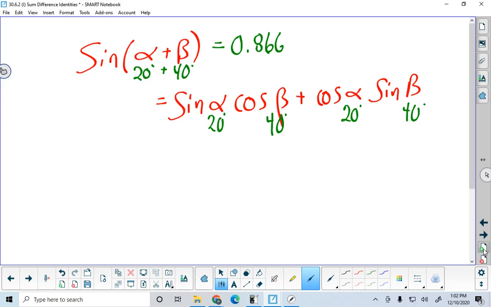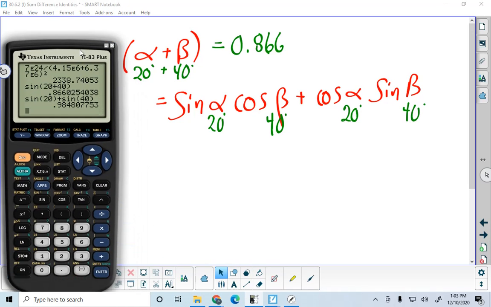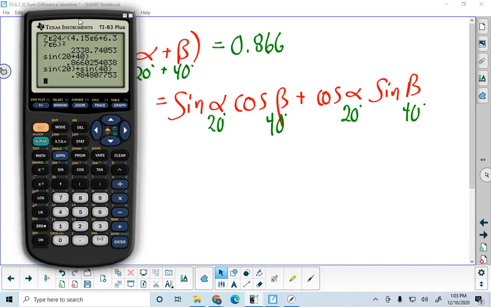And I will demonstrate that to you, but you could take my word for it. So I want sine of 20 cosine of 40 plus cosine of 20 sine of 40. Remember that sine of 20 plus 40 was that 0.866, and you get the same number.